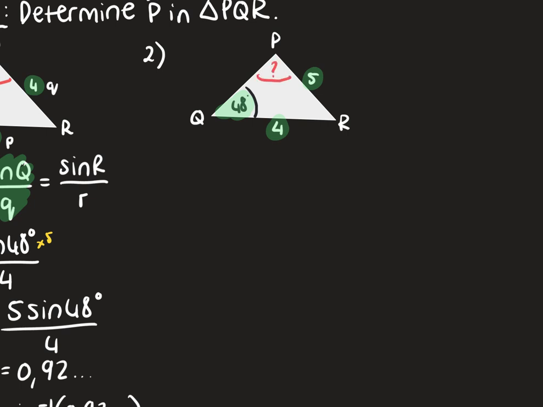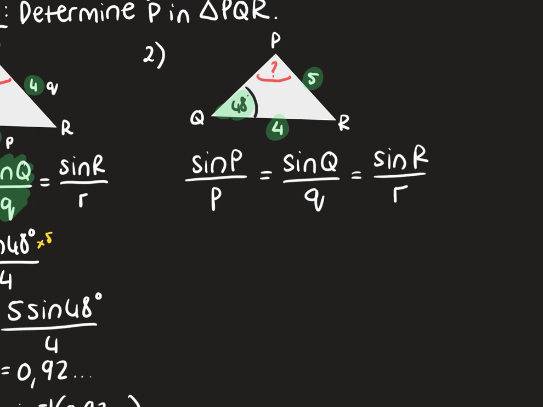So I have everything that I need in order to do this. So let's go again. I'm working out an angle, guys, so we're going to say sine of P over P equals sine of Q over Q, which equals sine of R over R.